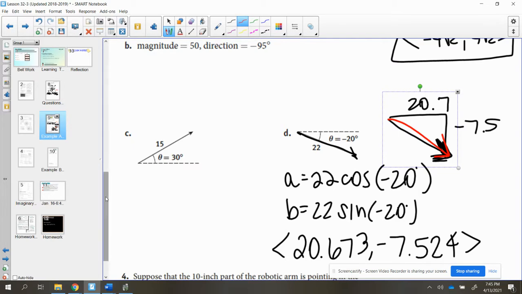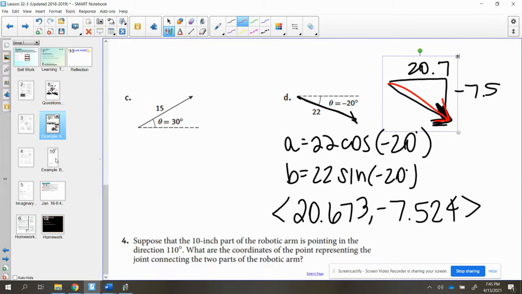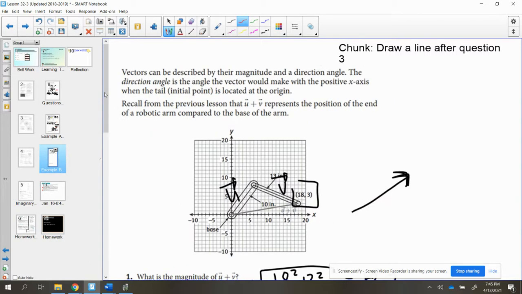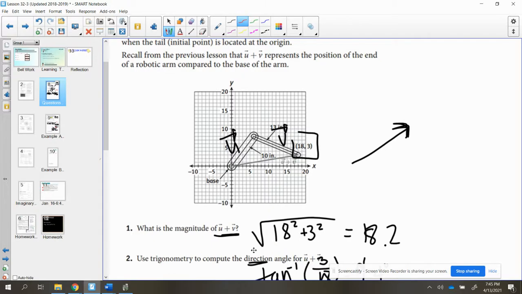Now, as we move on, the last piece of this is going to be, when we are adding and subtracting and doing different operations with our vectors, how to find that component form. So going back to what we talked about initially here, in order to find the magnitude and the direction of this robot arm, we had to find the component form of u plus v first, and then use that value of 18.3 to compute the magnitude and the direction.